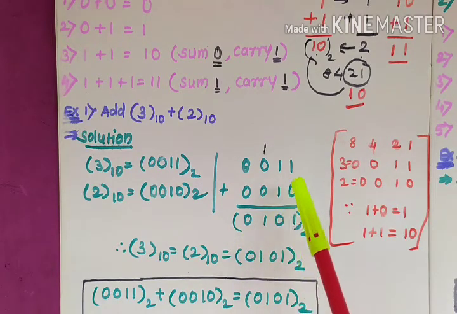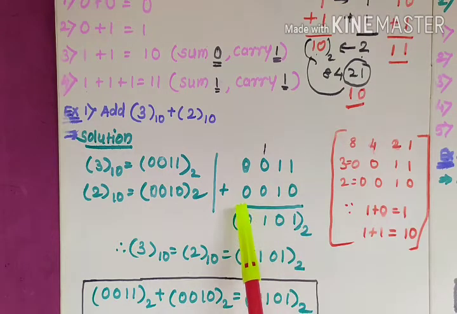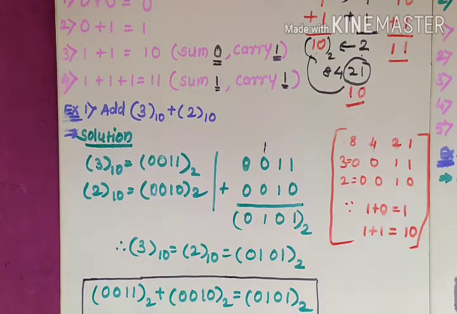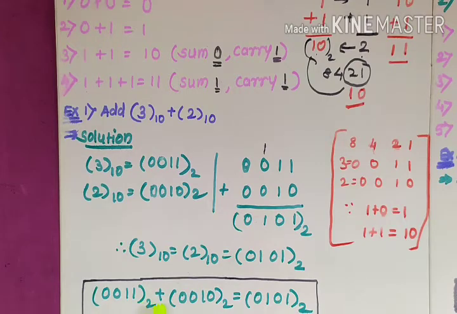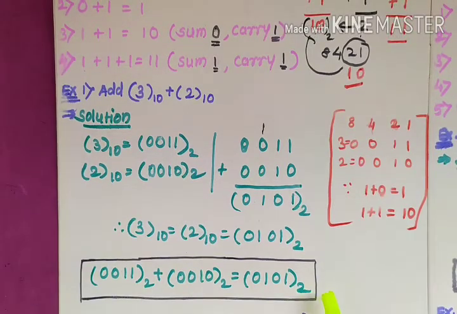Okay students, so the final answer will be 0011 plus 0010 equal to 0101 binary. Is that clear? But we have to identify whether our answer is correct or not.